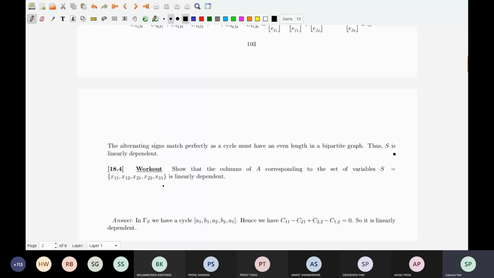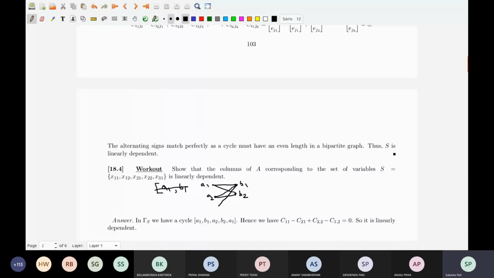Let me draw it so that it is better. I have A1 to B1, and then A1 to B2, and then A2 to B1, and then A2 to B2, and then 3 to 1 is also there, but that is not necessary.